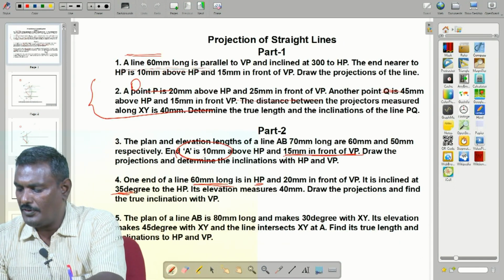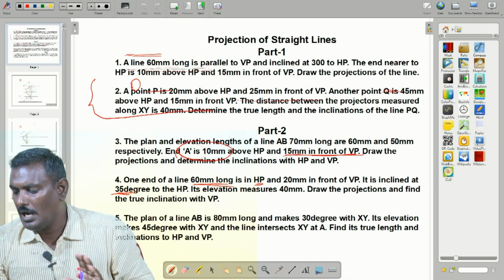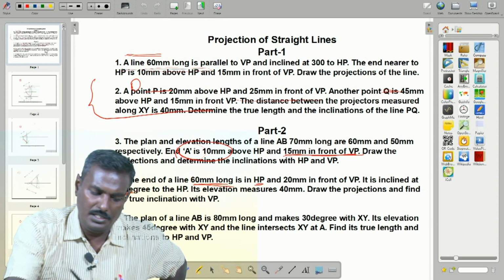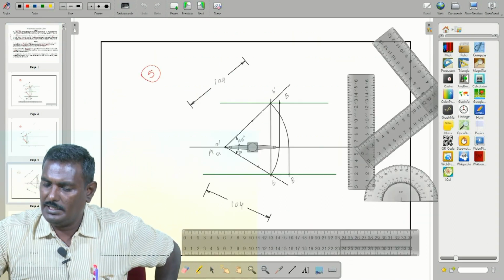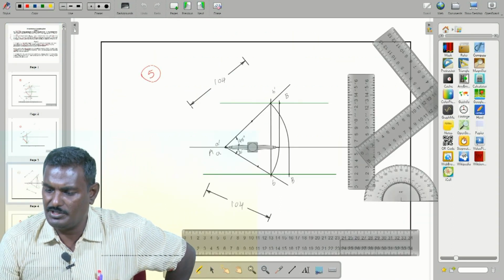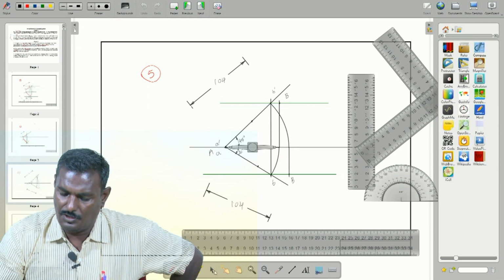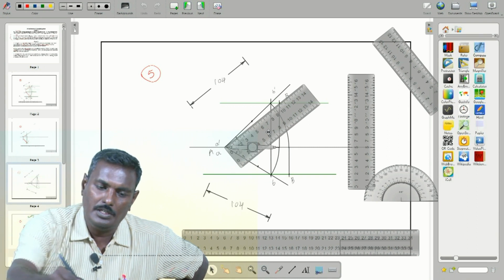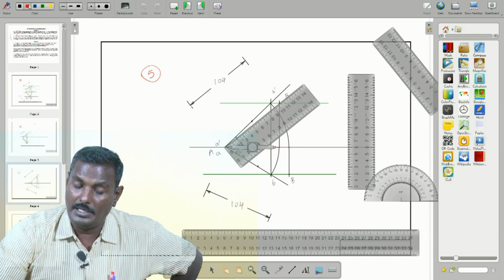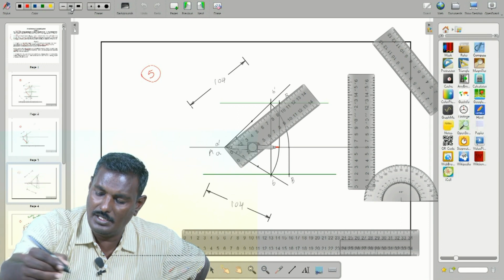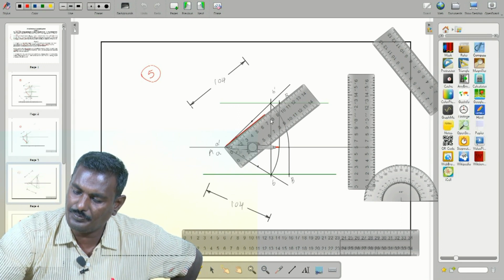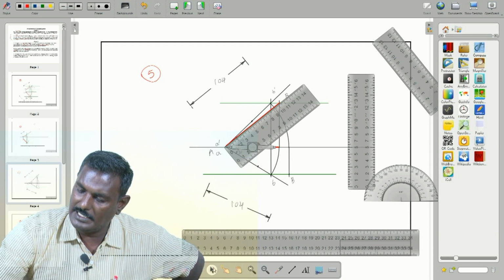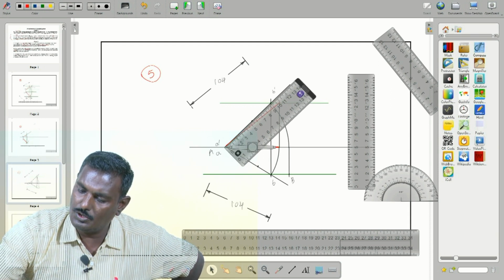So what about finding its true length? True length is 104 mm. And inclination to HP and VP. Yeah, let's find it. Here we have to trace a projection as well as this. So for that, change the colors, determine tracing, capital A, capital B, capital A, capital B. So that is for true length.